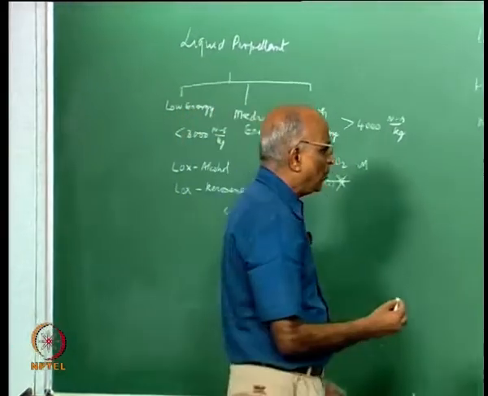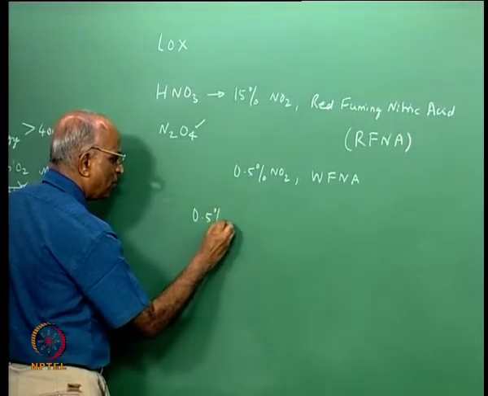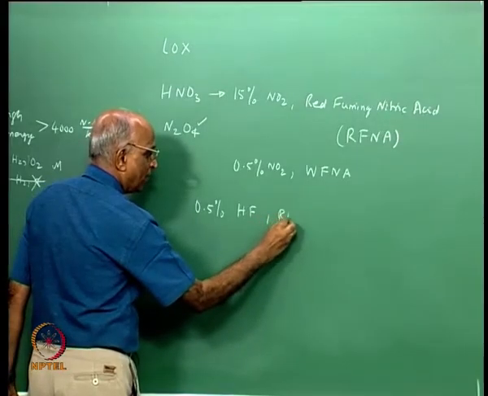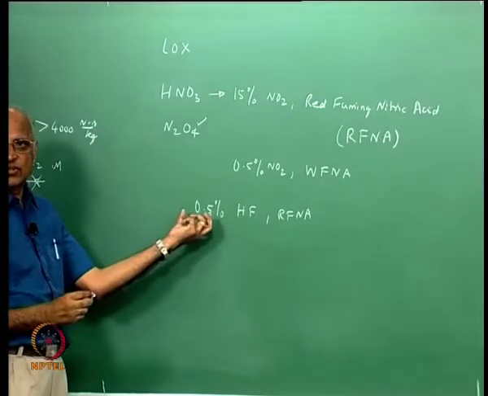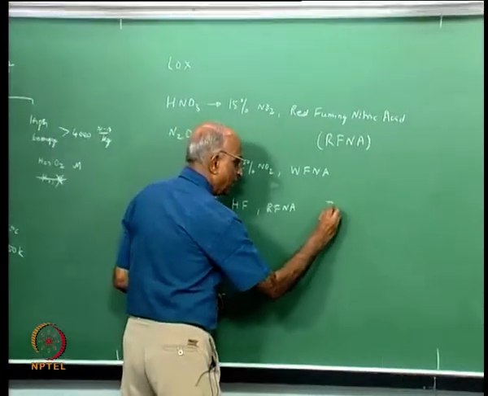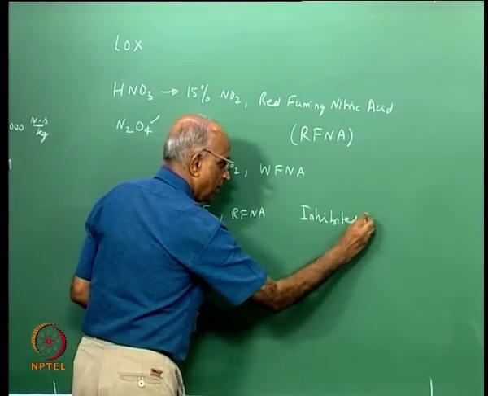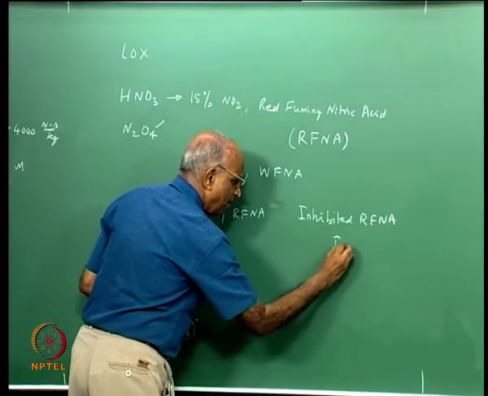Therefore, what we do is add something like 0.5% of hydrofluoric acid to, let us say, RFNA, and this inhibits the corrosive nature of the oxidizer, and this is known as inhibited red fuming nitric acid, that means IRFNA.